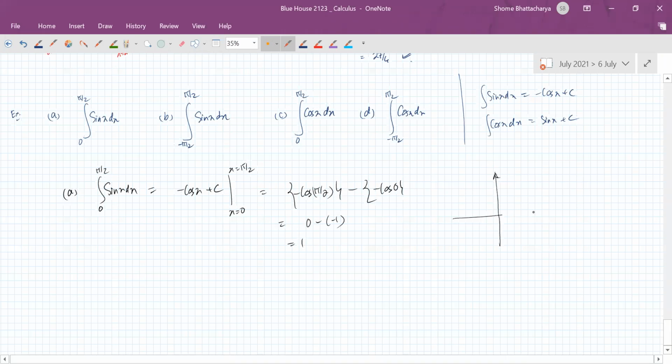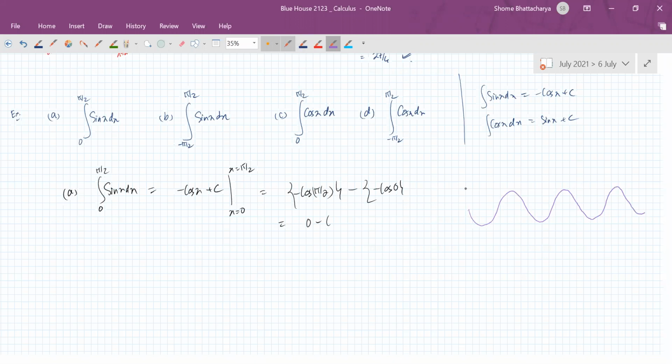Also see what it is showing us in terms of the geometrical interpretation. So by now we are all very familiar with the sine and cos graph. So sine graph, basically it looks something like this one. It's not a very well drawn graph, but anyhow, we'll try to do a better job of it. So this is our sine graph.